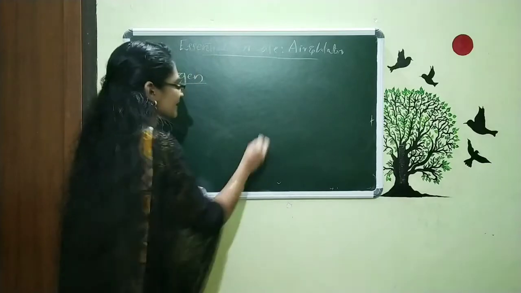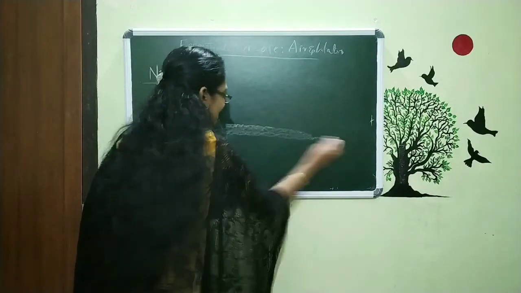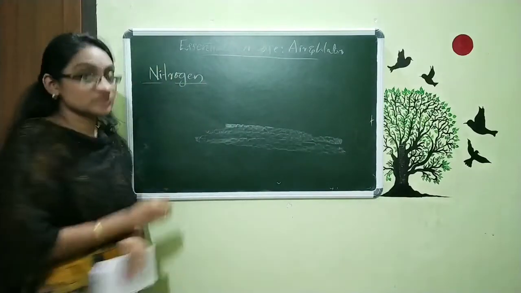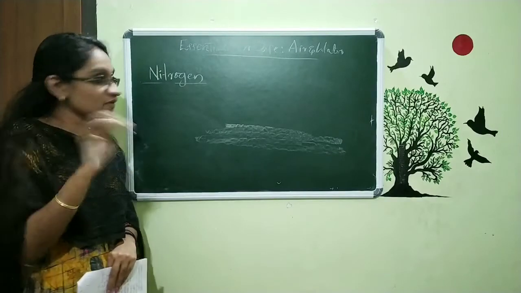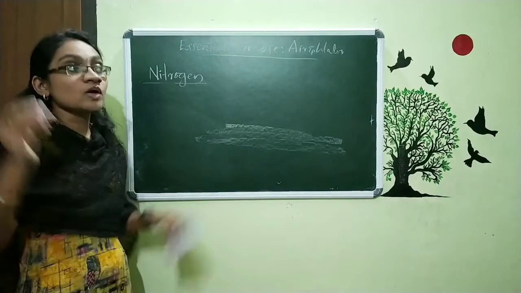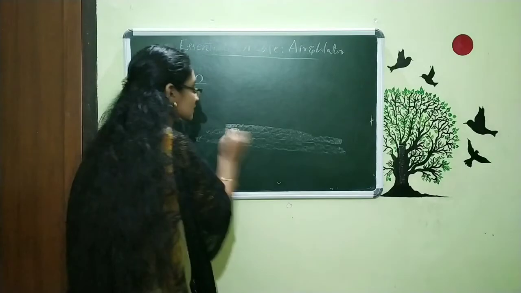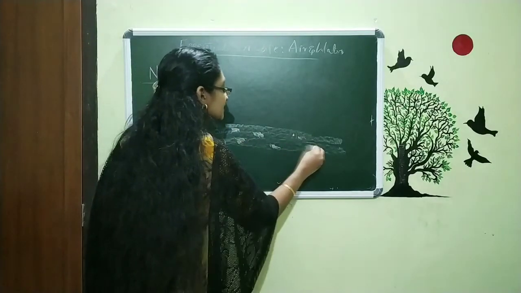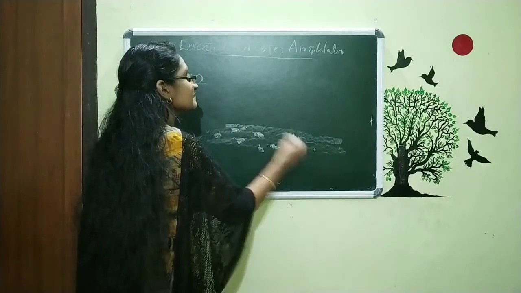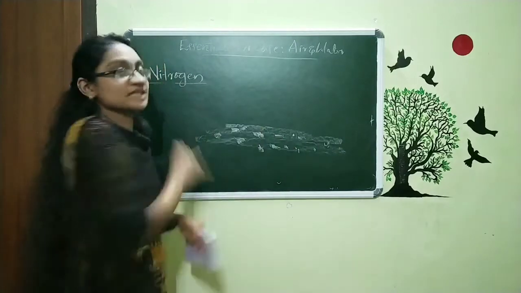So the process is very simple. This is our soil. At first there is no nitrogen present in our soil. We add some sort of fertilizers to the soil, so the soil is mixed with the fertilizers and with the nitrogen.